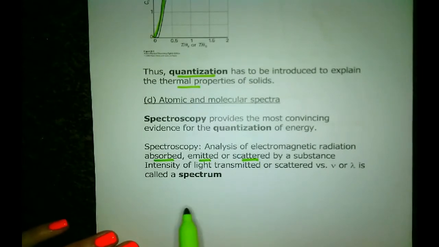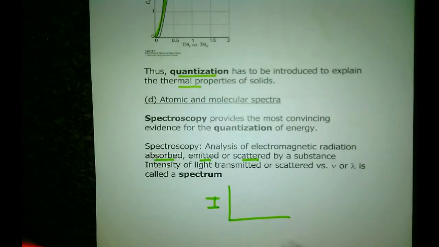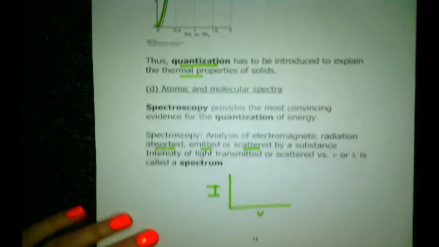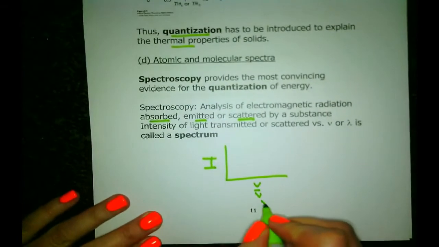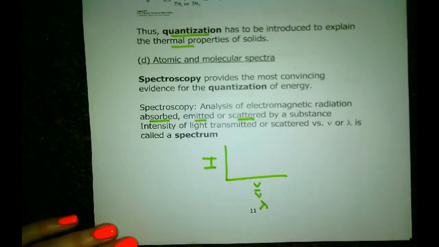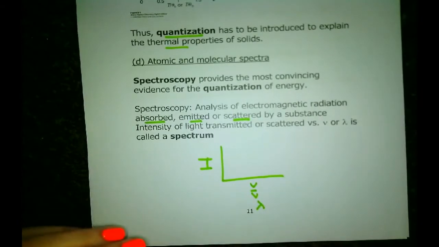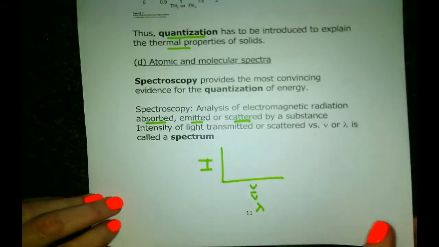And we normally plot the intensity of light that is absorbed or scattered or emitted as a function of frequency or wave number or wavelength, and then you plot your spectrum. So why do we say that this gives proof of quantization of energy?